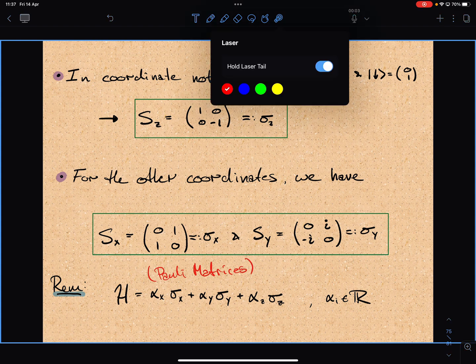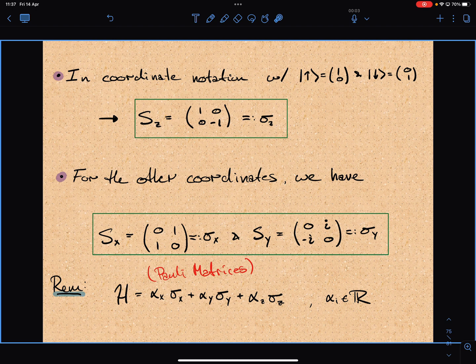And it turns out that if H is a 2 by 2 Hermitian matrix, then you can actually write H as a linear combination of these three matrices.